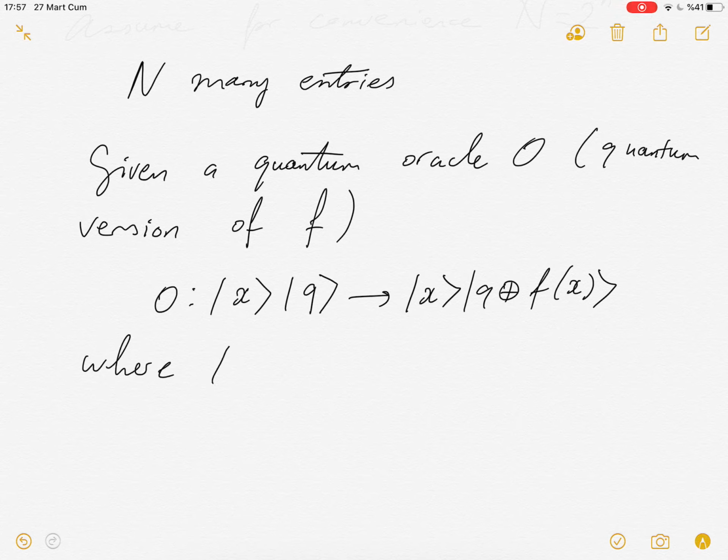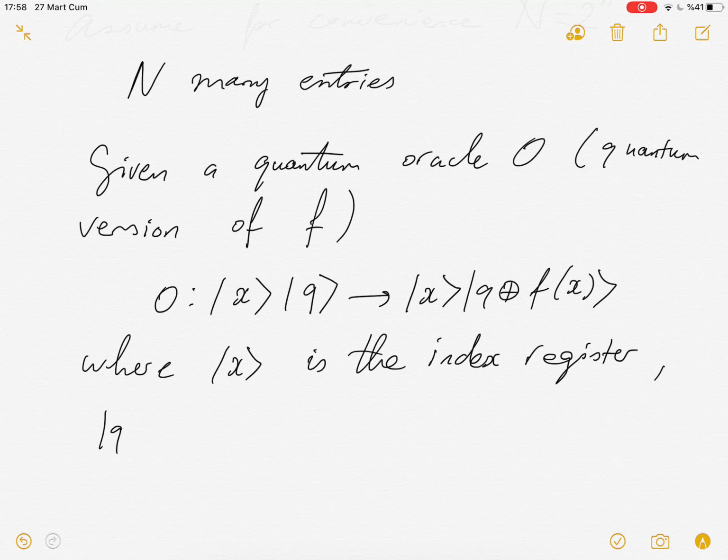So here x is the index register, such that x is an element of {0,1}^n, and q is the oracle qubit. It's a single qubit. It basically controls the index register.